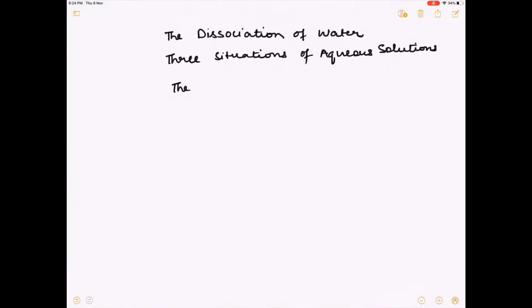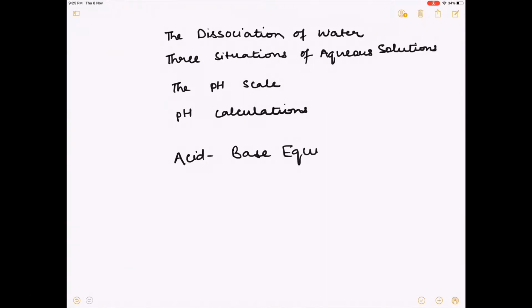Then some more about the pH scale, and finally we will do pH calculations. Actually, all these come in the class of acid base equilibria.